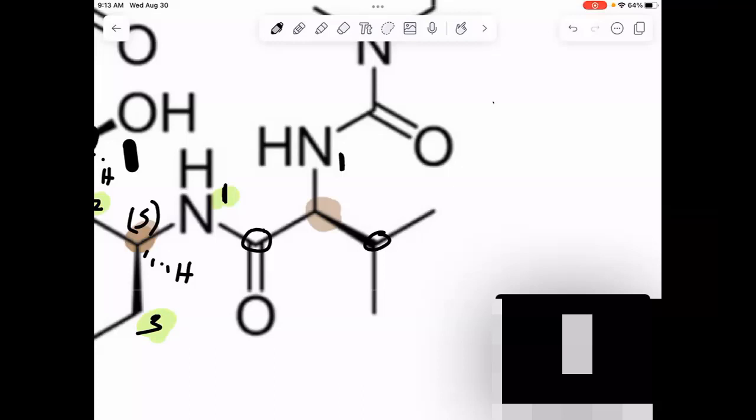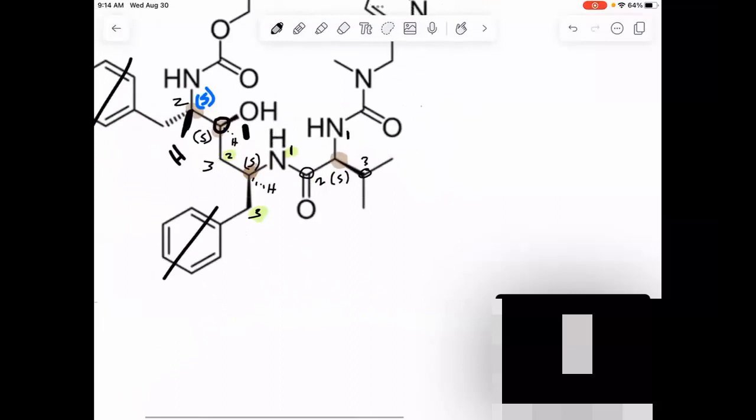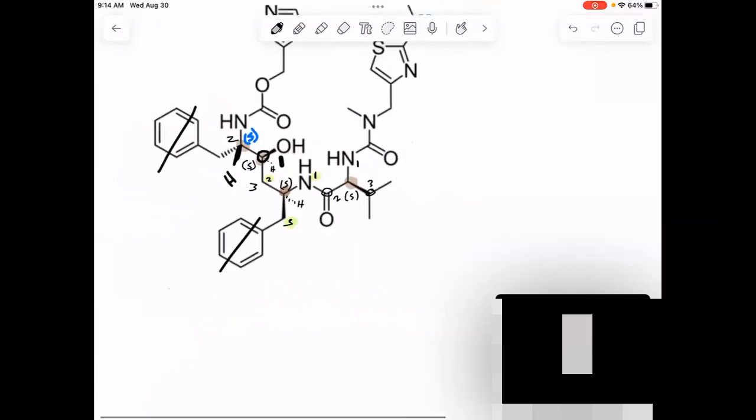So the carbonyl is actually going to take precedence here, not the isopropyl group. So if the carbonyl is 2 and this is 3, what is the configuration? R. Oh wait, that's counterclockwise, isn't it? It's S. So that's also S. Right. So all 4 stereocenters in this molecule are S.